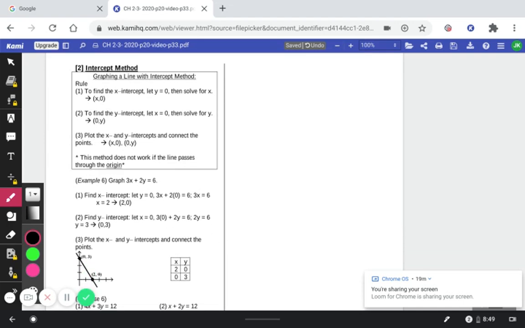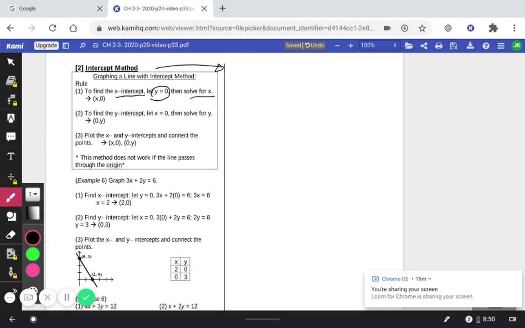Now, the intercept method is contrary to the table method, where you have to find all the points. Here they are looking for only 2 points. The intercept method looks for the x-intercept by replacing y with 0 and solving for x.